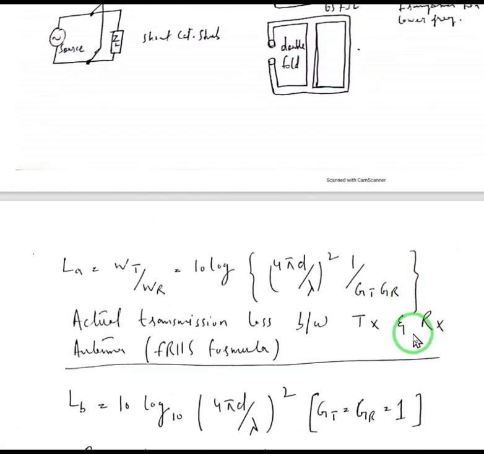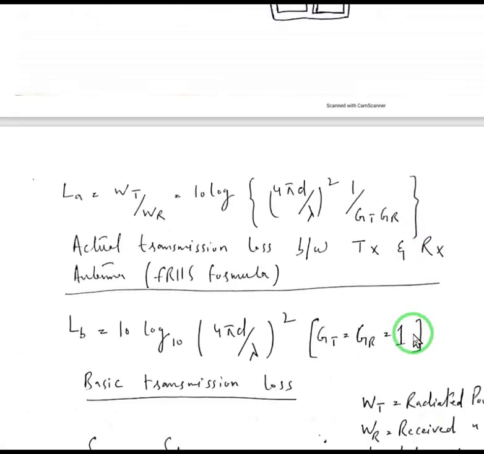The next is the losses that actually happen during transmission. There are a number of losses. The first one is the actual transmission loss, also called the Friis formula, which is the ratio of transmitted power over received power.